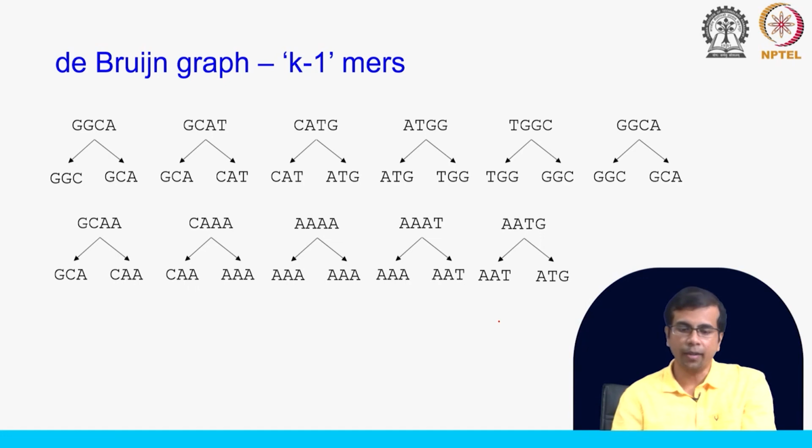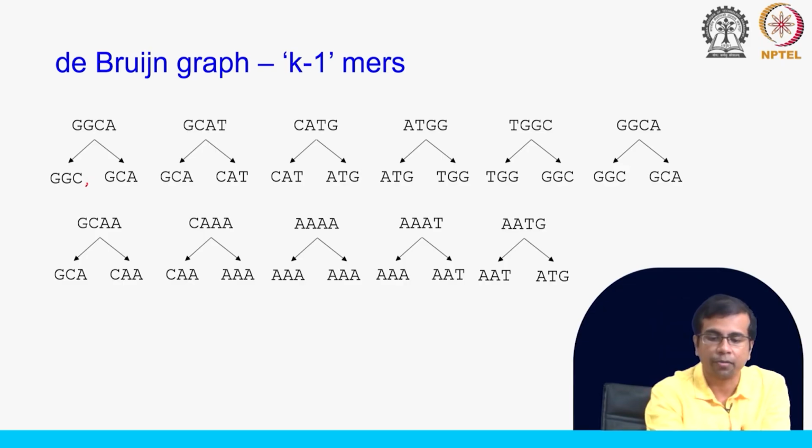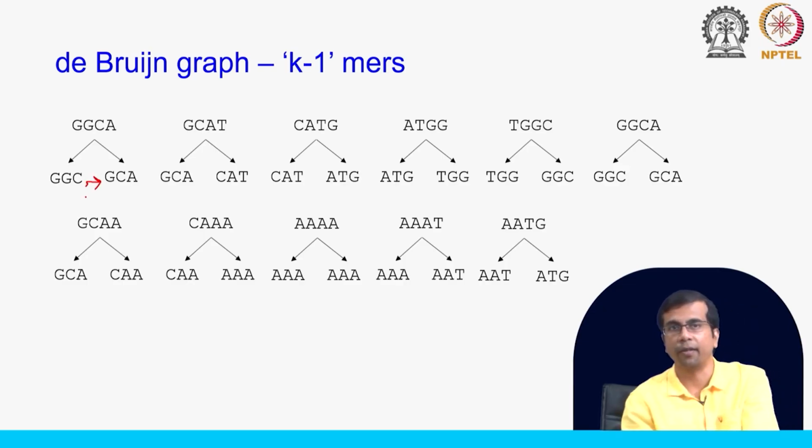As you can see, these k minus 1 mers are now of length 3. And on top of that, you see the overlap is 2 bases, so k minus 2 is 2. So, your overlap between these k minus 1 mers is k minus 2, or 2. You can see this across all these k minus 1 mers.